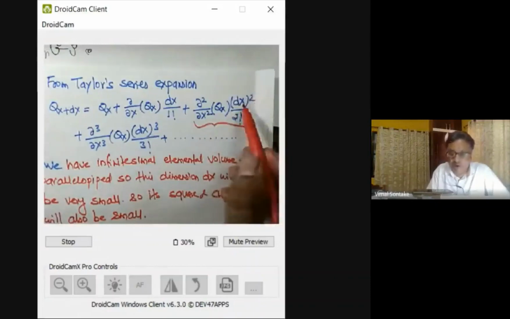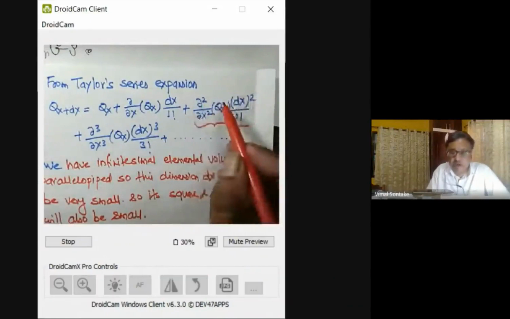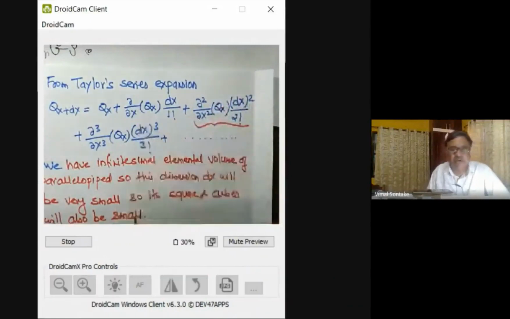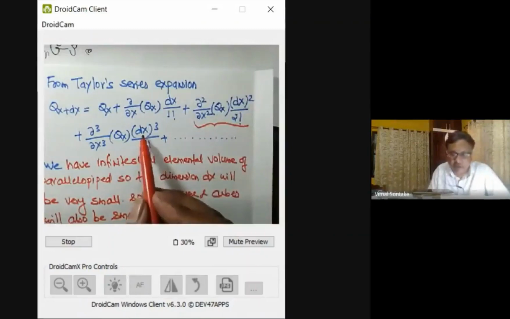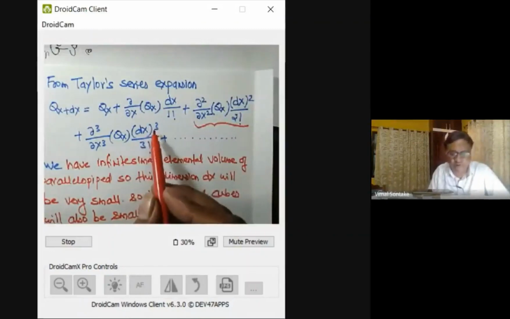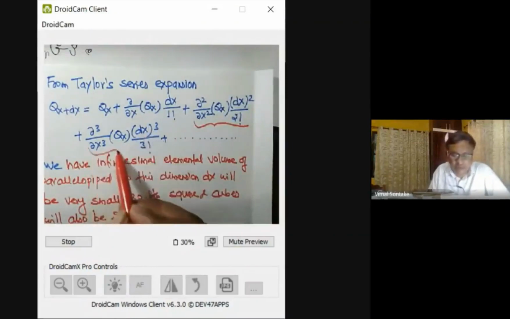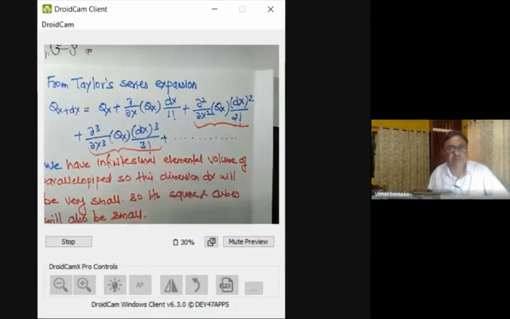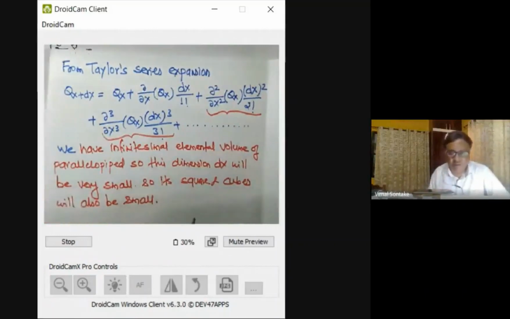If you multiply this small quantity with the entire term, its contribution to this series is very, very small, so you can neglect it. Similarly, dx is very small, so its cube will also be very small, and the contribution of this term to the Taylor series expansion reduces further. So keeping in mind this very fact that dx is very small, we can neglect higher order terms in the above series.